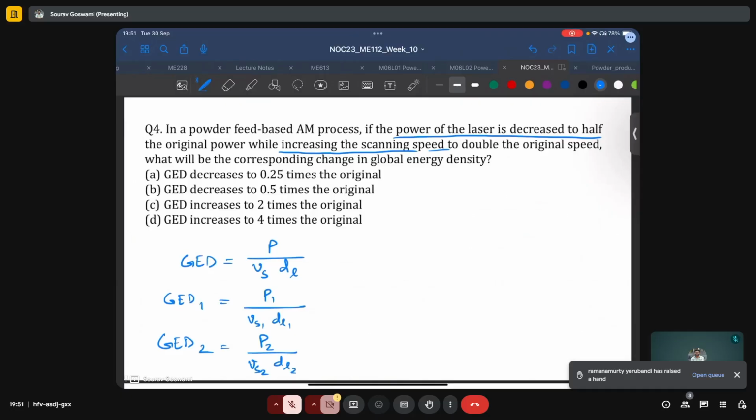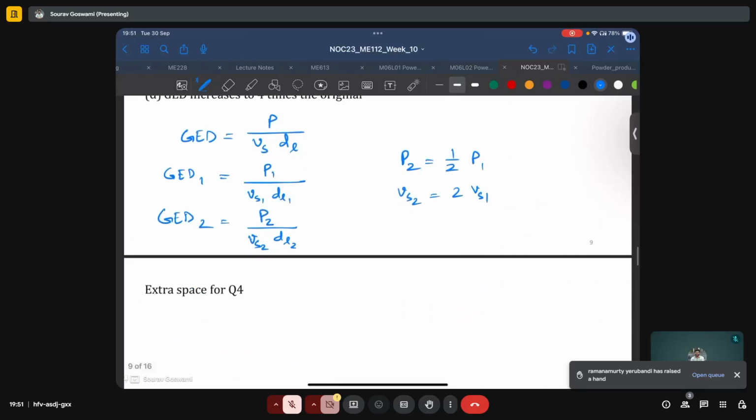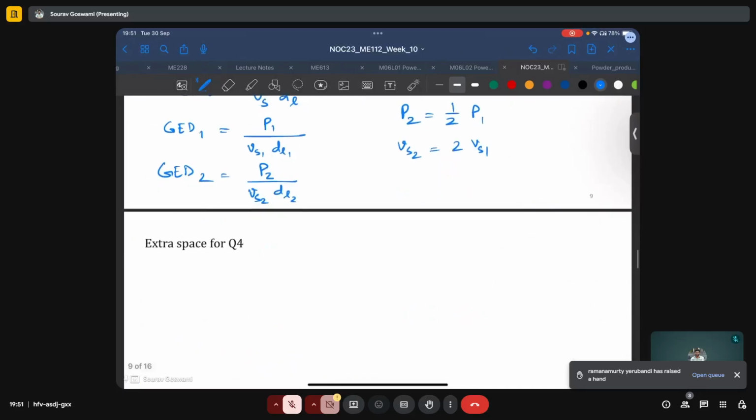How are they related? Power is decreased to half. So P2 is equal to half P1 and scanning speed is doubled. Vs2 is equal to twice Vs1 while the laser spot size remains unchanged.